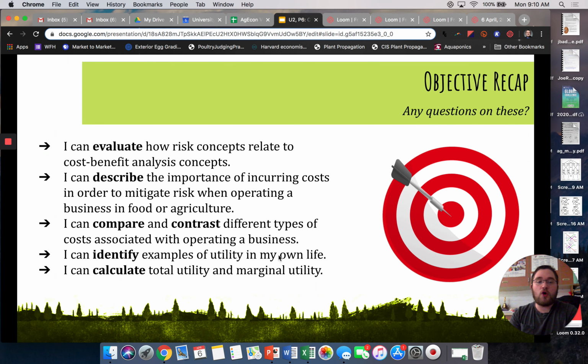Okay, so just to recap, hopefully you're able to evaluate how risk concepts relate to cost-benefit analysis concepts. You're able to describe the importance of incurring costs in order to mitigate risk, as we did in that activity simulation. Number 3, comparing and contrasting different types of costs associated with operating a business. So again, we have our direct costs, which are things that are incurred regardless, like upfront. Indirect costs are sunk costs.